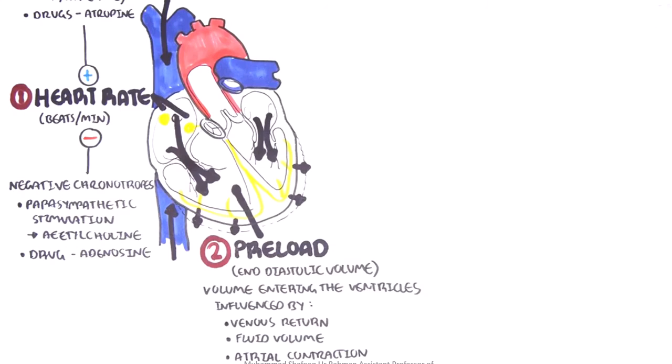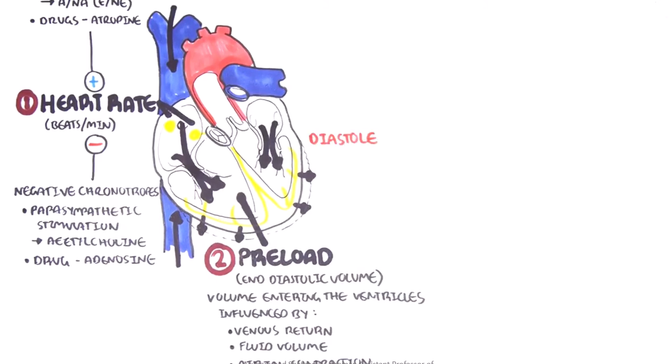That is the amount of blood entering the ventricle, and this is during the diastole. Preload can be influenced by venous return, fluid or blood volume, atrial contraction. The preload again occurs during the diastole because this is when your ventricles are being filled with blood.